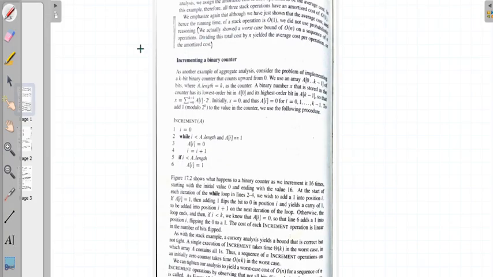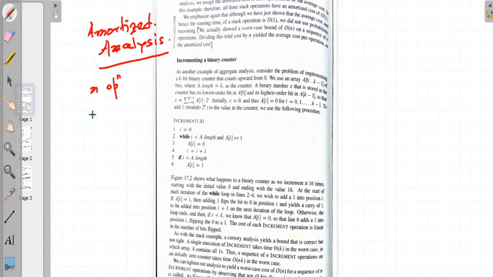Okay, so we were discussing amortized analysis. In this amortized analysis, we have seen that for a sequence of n operations, we are taking some kind of detailed analysis, and then we are taking the average.